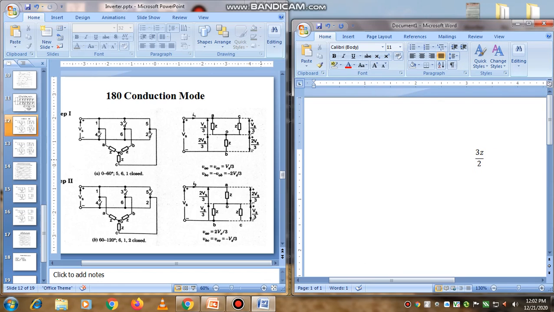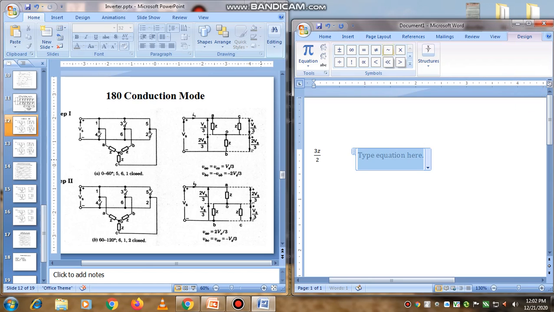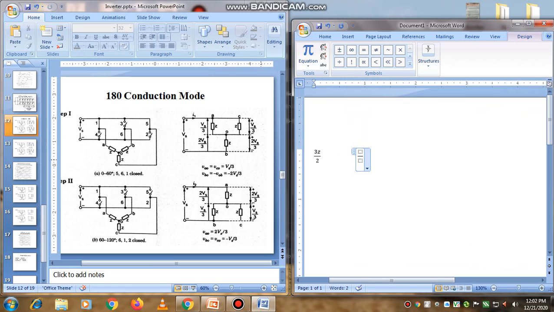I will take another equation separately. So now what is the equation?